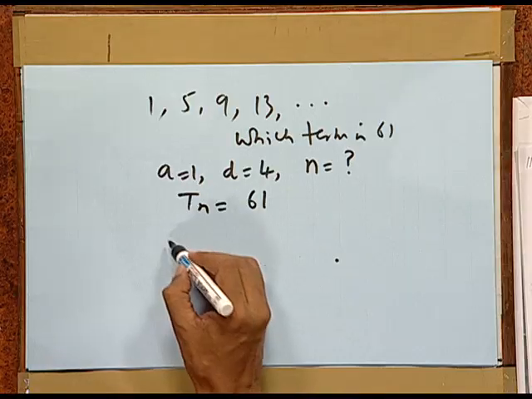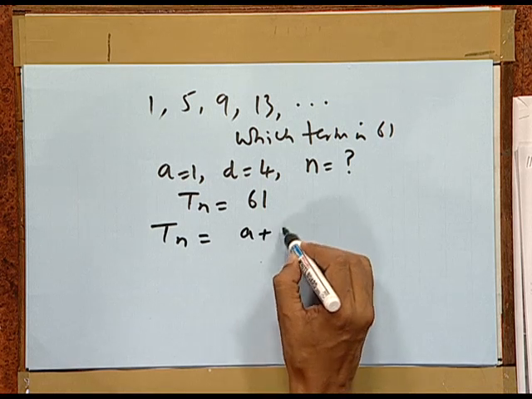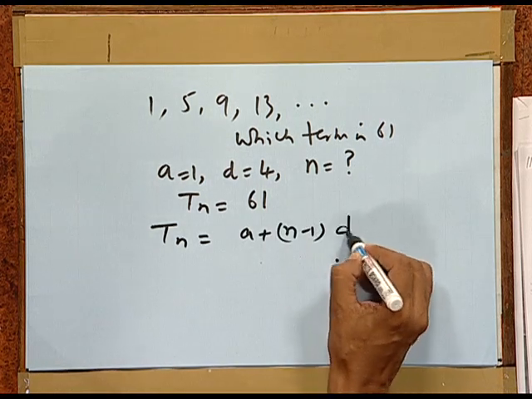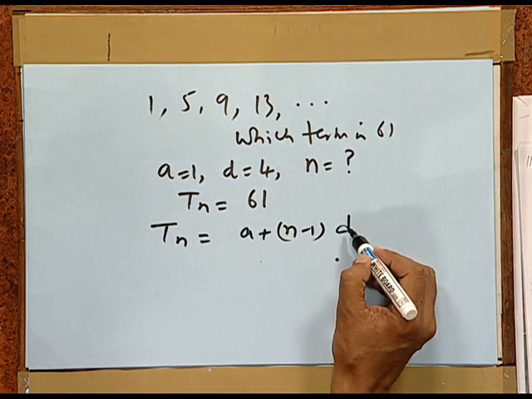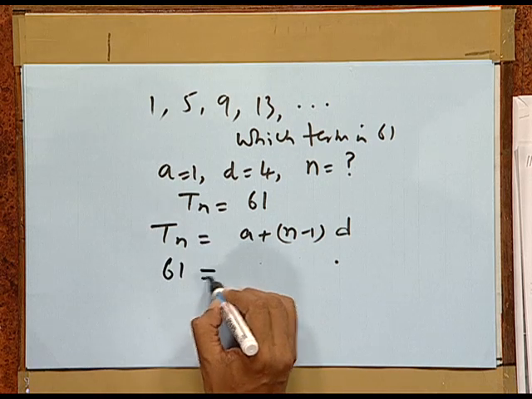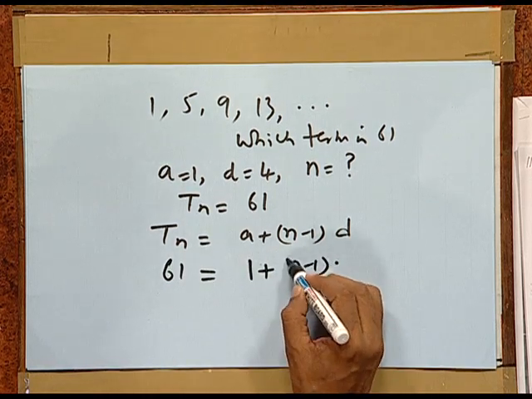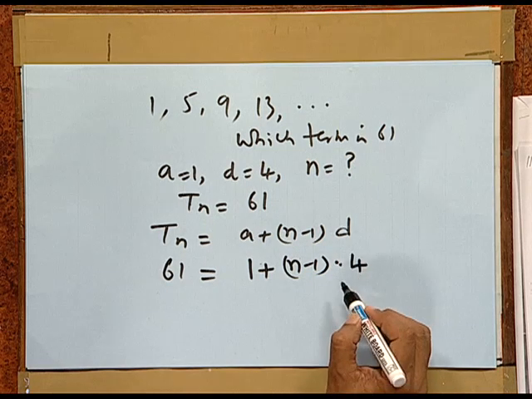So, we have the formula Tn is a plus (n minus 1) d. Let us put the values of d, n, a, etc. What do you get? We get 61 equal to 1 plus (n minus 1) times 4.